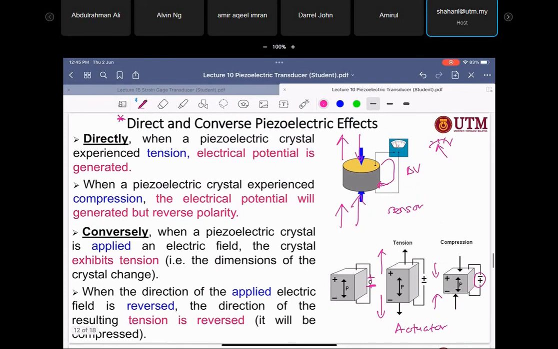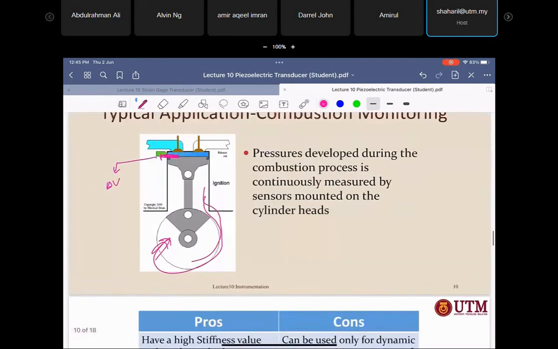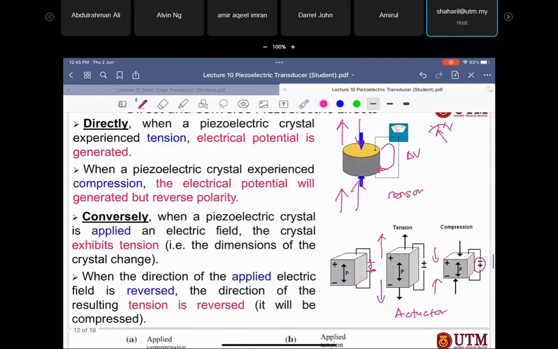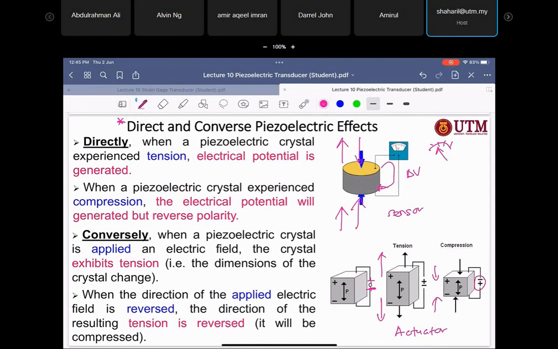My question is, by knowing these effects, can you tell me the applications of the piezoelectric? Besides condition monitoring applications, what is the simplest application that you have seen right now? Where can you get the piezoelectric material?